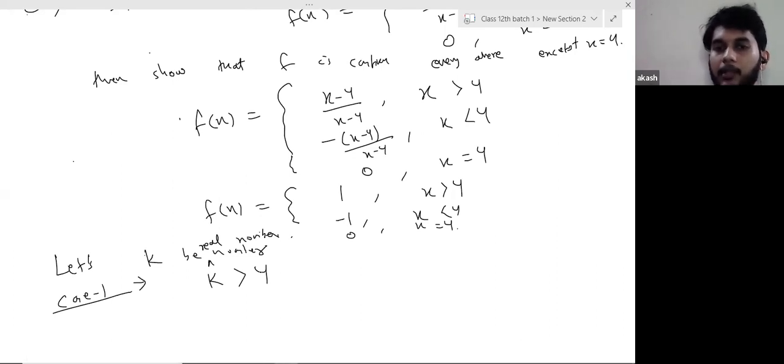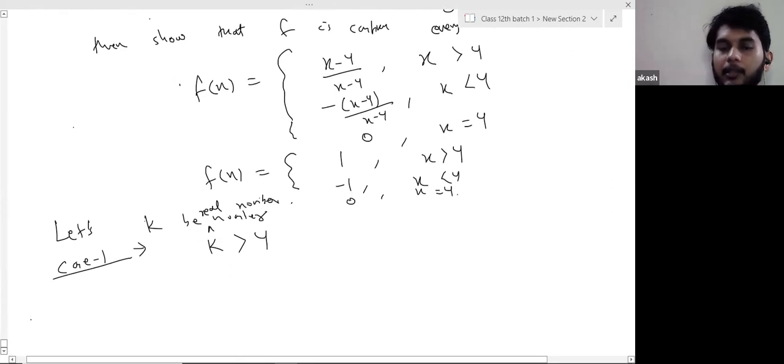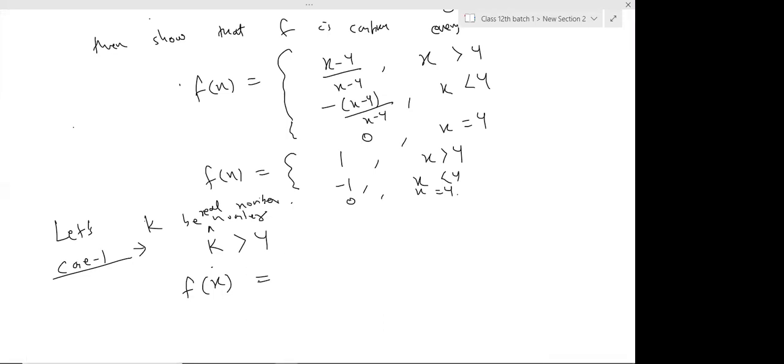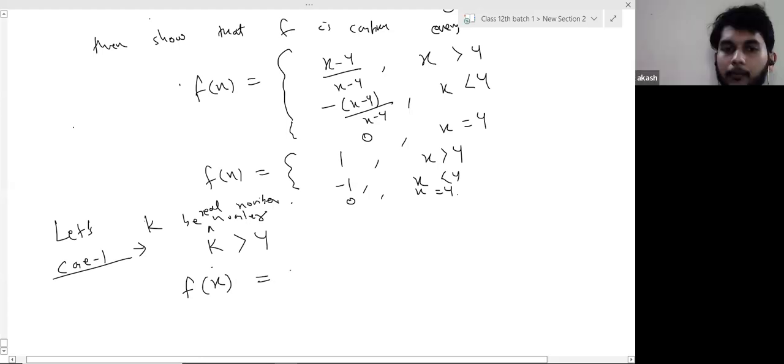It should be more than 4. For this, we can calculate the limit and the value of the function. So if k is more than 4, can anyone tell me what will be f of x? 1. Absolutely right. So we can say f of k will be 1 here.